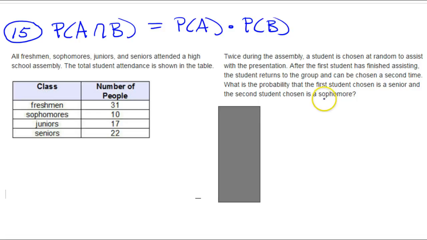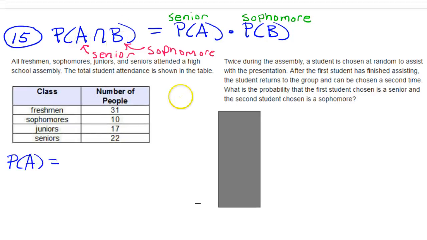Reading again, what's the probability that the first student is a senior and the second student is a sophomore? Since senior and sophomore both start with S, let's stick with A and B. We'll let A represent the probability of picking a senior, and B the probability of picking a sophomore. So let's calculate the probability of choosing a senior.